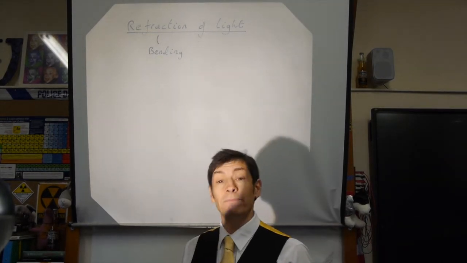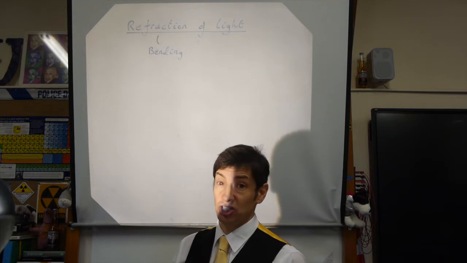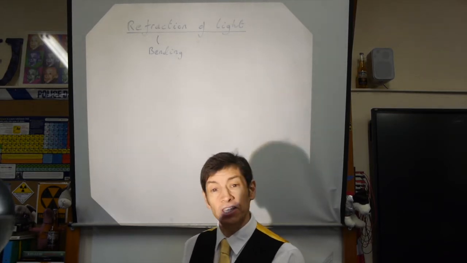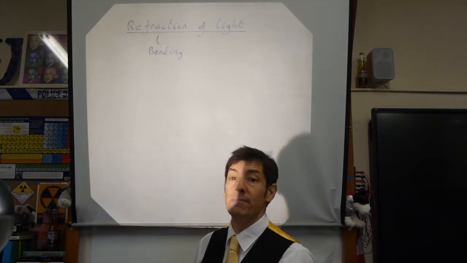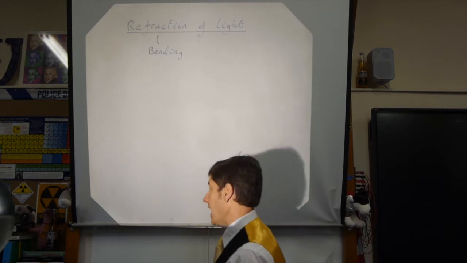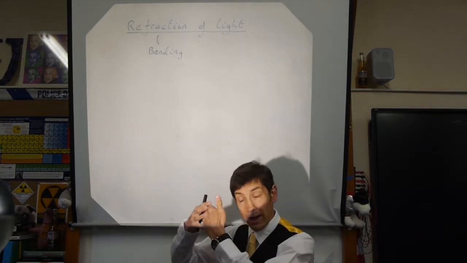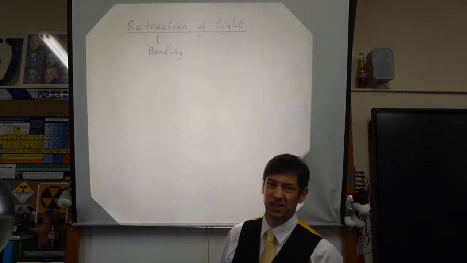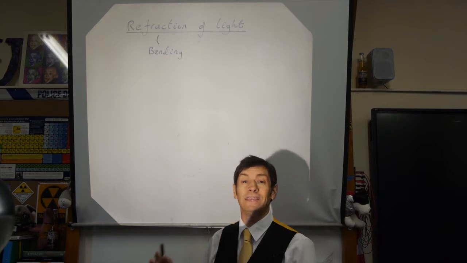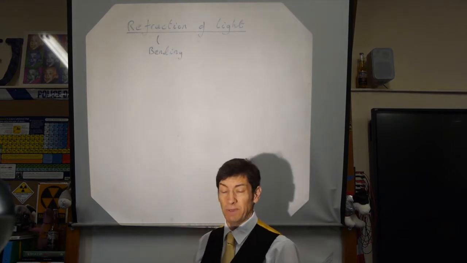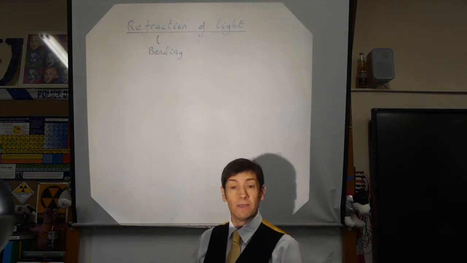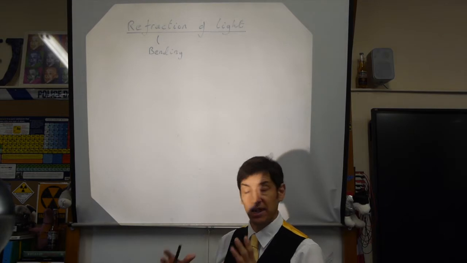And what's happening here is the light is changing direction because it goes through a different material. Light normally travels through air, and we consider it to travel through air very easily, at the speed of light, about 300 million meters per second.